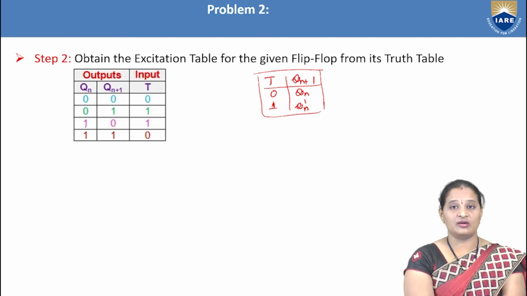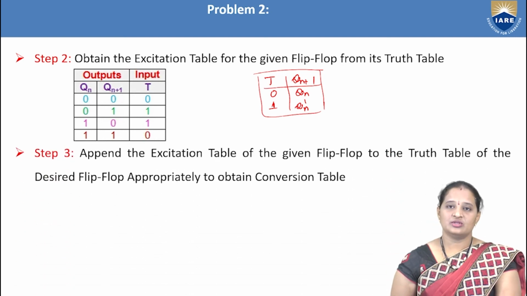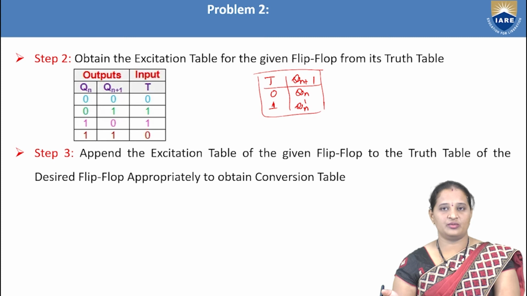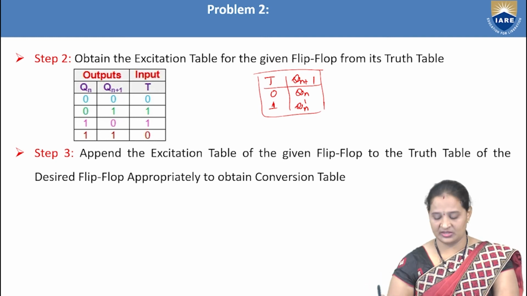Again, when Qn is equal to 1 and Qn plus 1 is equal to 0, as these two are complements, T must be equal to 1. And as both are equal to 1, T must be equal to 0. So this is the excitation table, right? Even if you are not able to remember the excitation table, it is enough to remember the truth table. If you know the truth table, you can derive the excitation table easily.